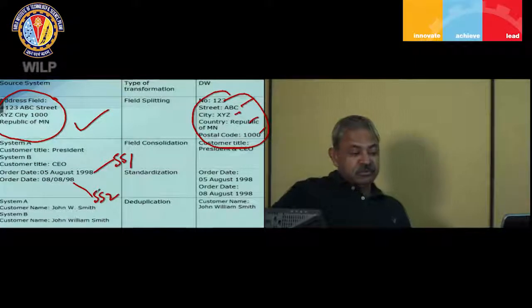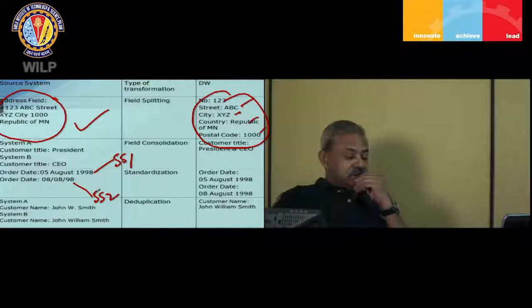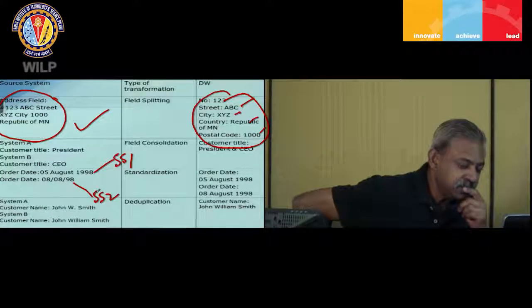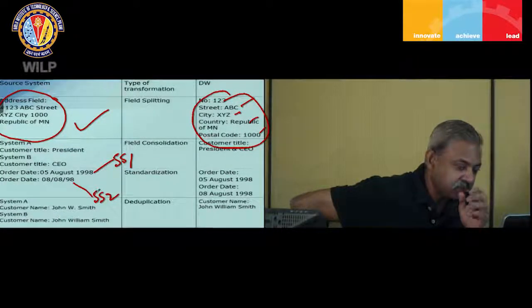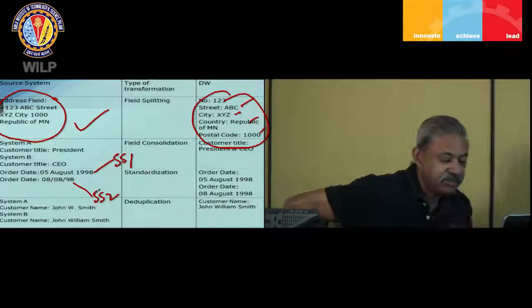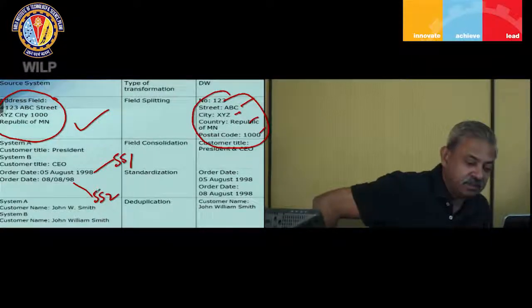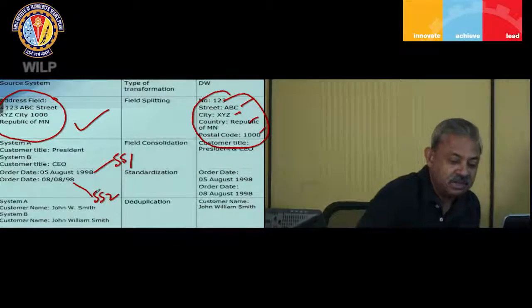Suppose this is for a particular product. If I look at these two dates, I may say that they were sold on different dates. But if you now look at the standardization aspect of transformation, the order date for the first one is 5th August as it is, and for the second one we are saying the order date is 8th August 1998. So this is standardization.